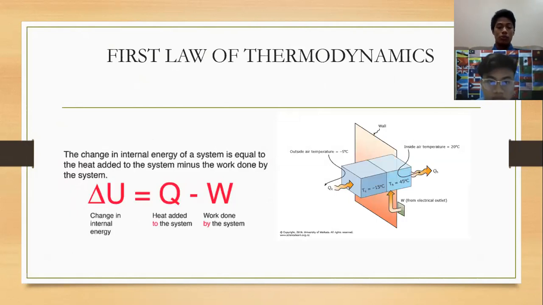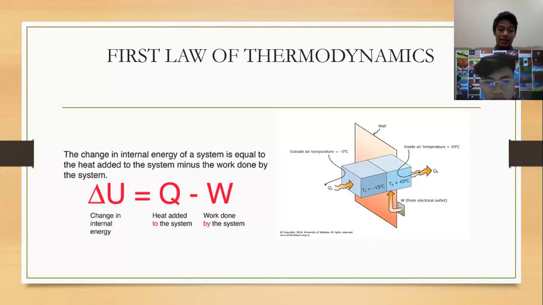So we move on to the first law of thermodynamics. What is the first law of thermodynamics? The first law of thermodynamics states that heat is a form of energy and thermodynamic processes are therefore subject to the principle of conservation of energy.